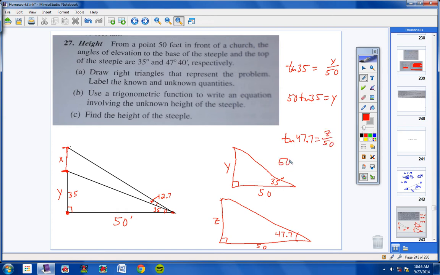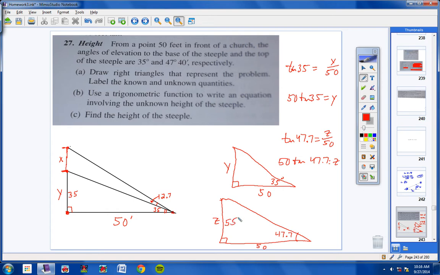Multiply both sides by 50: 50 tangent 47.7 equals z. With my calculator, 50 tangent 47.7 would give me 54.94. So I'm going to put 55. So the whole length is 55.